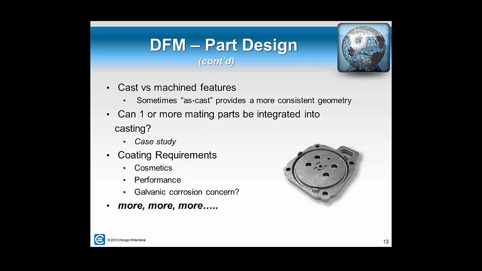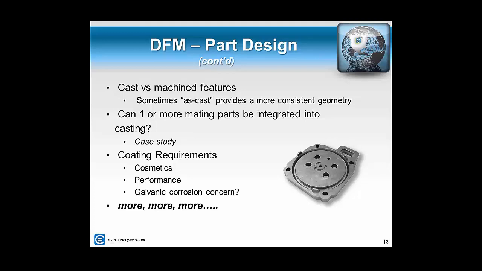We're looking at part design, and how this relates to the other mating parts, and we ask, are there areas for consolidating components together and trying to save you money from the total product standpoint? And again, the case study we'll show here shortly, that is a big factor in that case study.